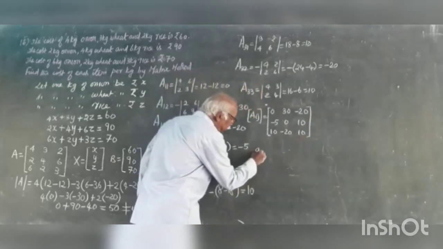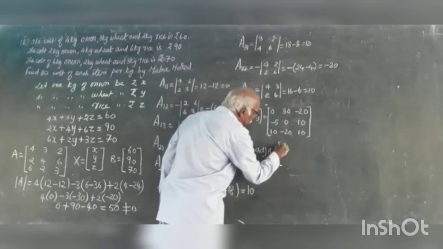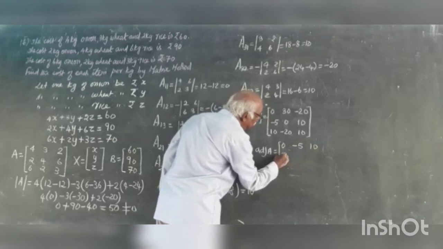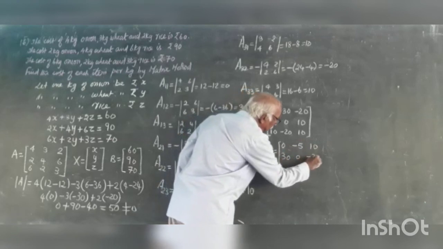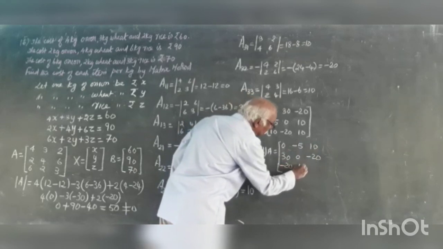Then adjoint A. Adjoint A is the transpose: first row 0, minus 5, 10; second row 30, 0, minus 20; third row minus 20, 10, 10. That is the adjoint A.